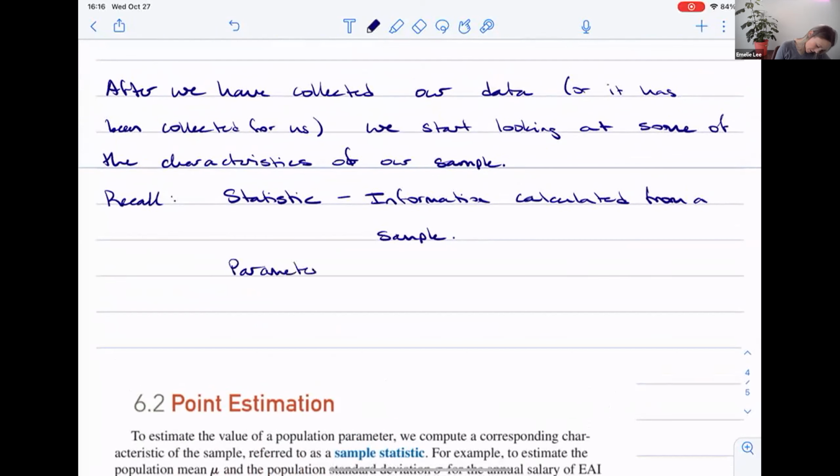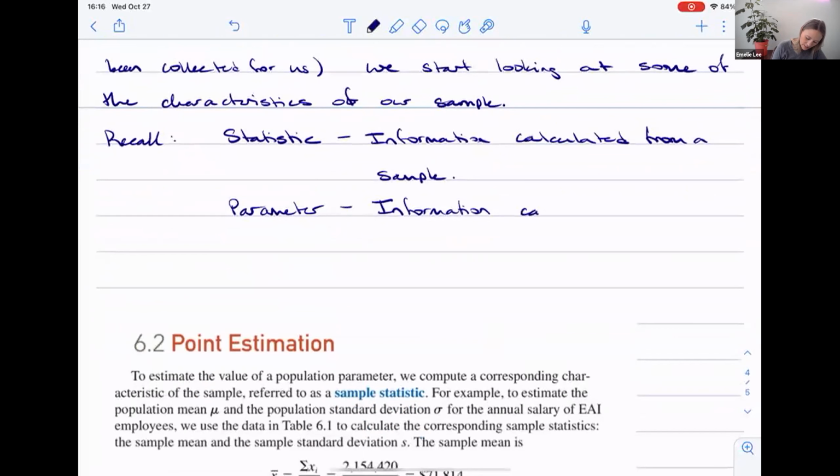Whereas a parameter is the same thing, but it would be calculated from the population. Information calculated from a population.